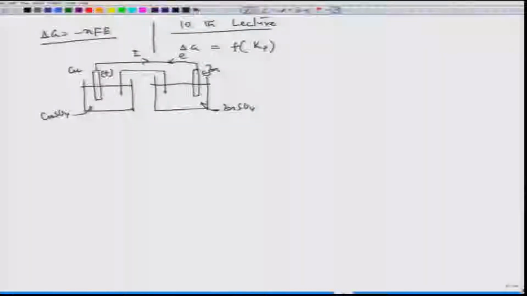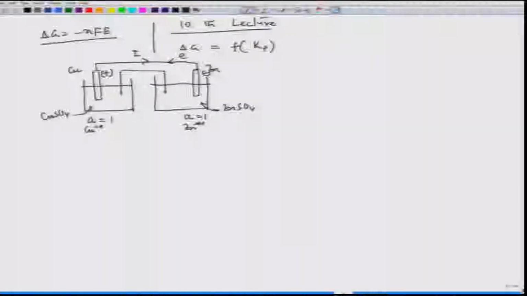That is why the sign becomes positive on the copper side and the zinc side becomes negative. And remember, we are considering the concentration in the form of activity of ions, activity of copper plus plus and zinc plus plus is 1. We will see the importance of this activity being 1, or if it is not 1, what would be the issue.